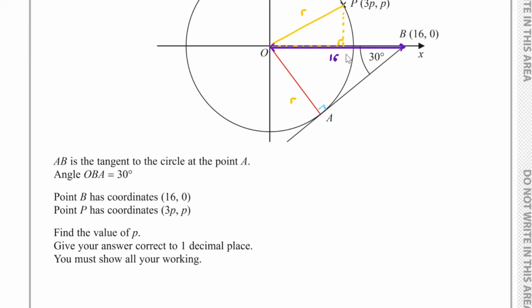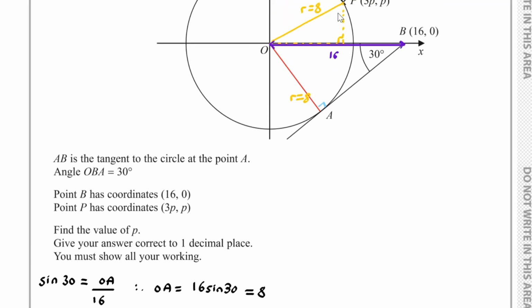So 16 corresponds to the hypotenuse. OA, which is the radius, corresponds to the opposite. So here we have the sine of 30, which is equal to OA divided by 16. So therefore OA is equal to 16 sine 30, which is 8. So in other words, the radius is equal to 8.